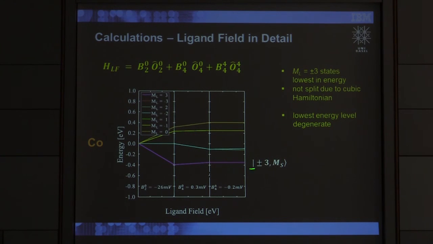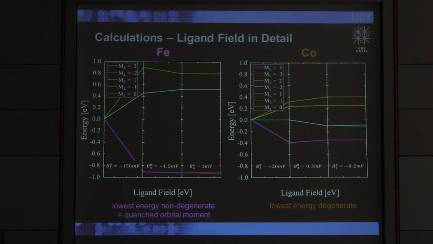And these cannot be mixed by that fourfold term of delta ML equals plus minus 4. So here we still have degenerate states at the bottom, degenerate orbital states.